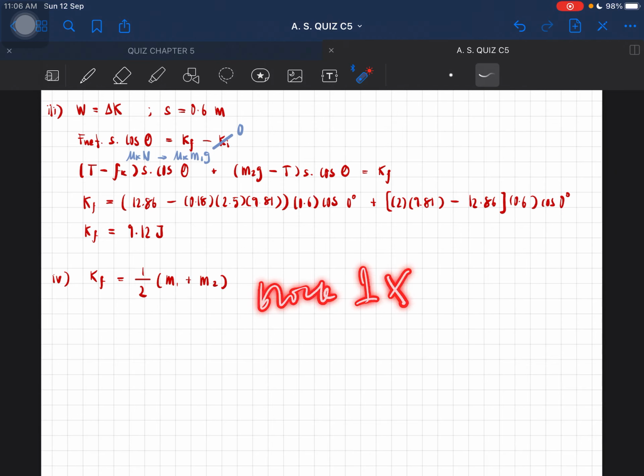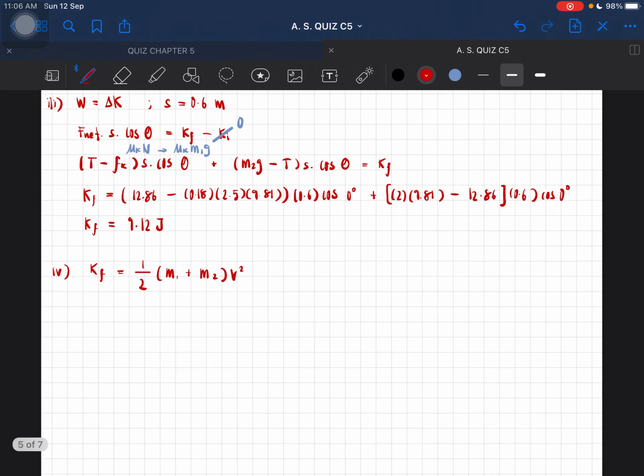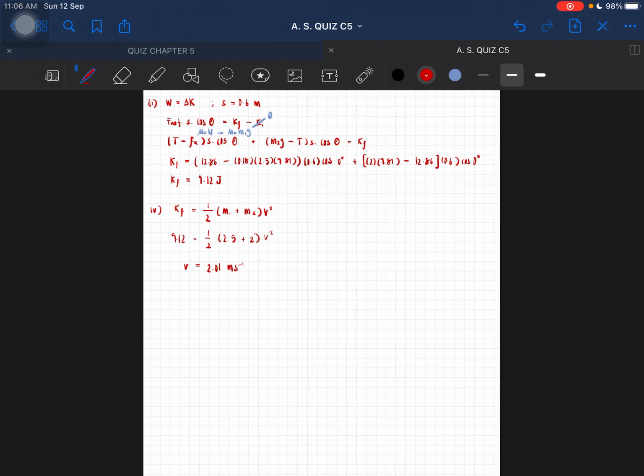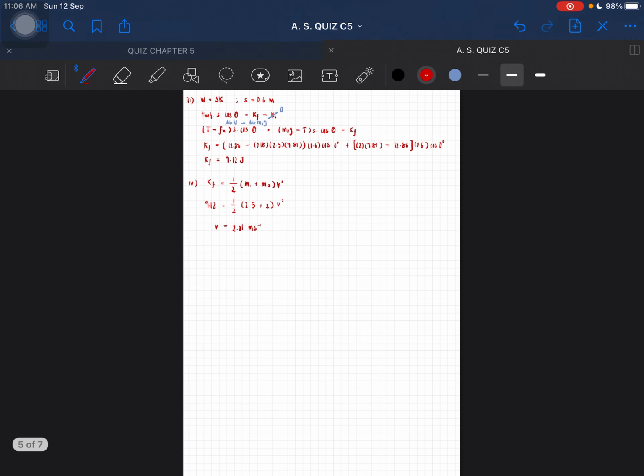So 9.12 equal to half times 2.5 plus 2 times v squared. You should get the final velocity of the block to be equal to 2.01 meter per second. So that is the solution for question number 1 of our quiz on chapter 5.